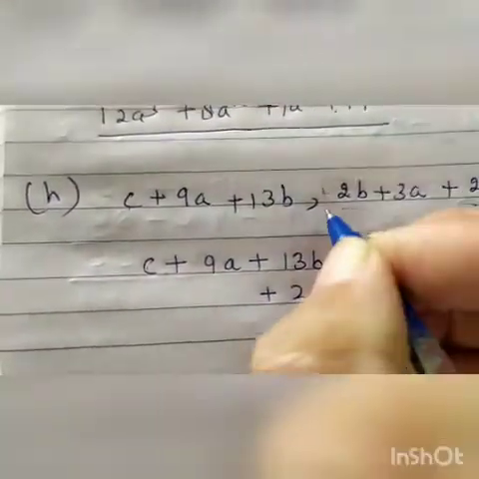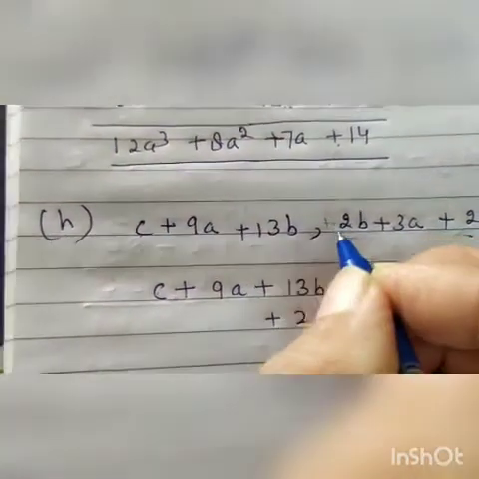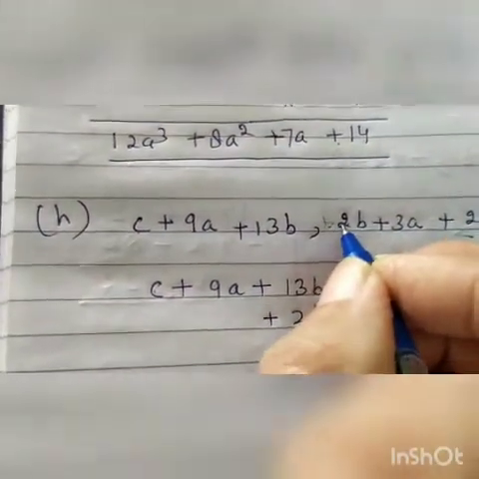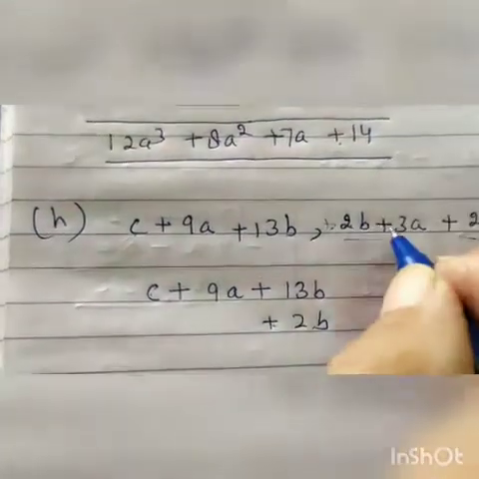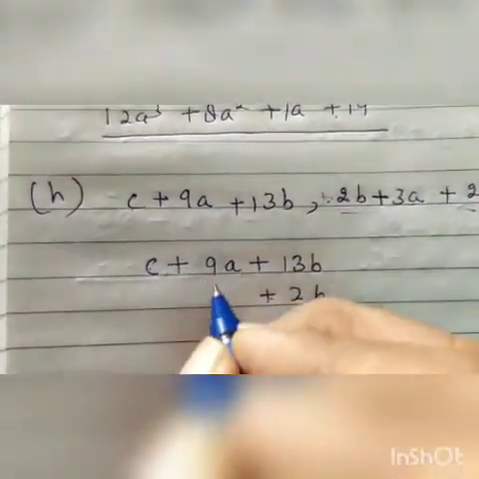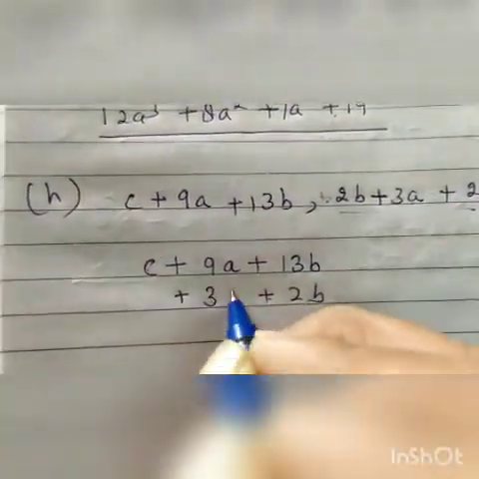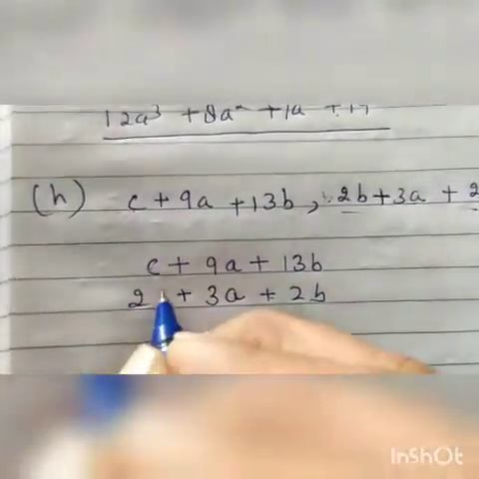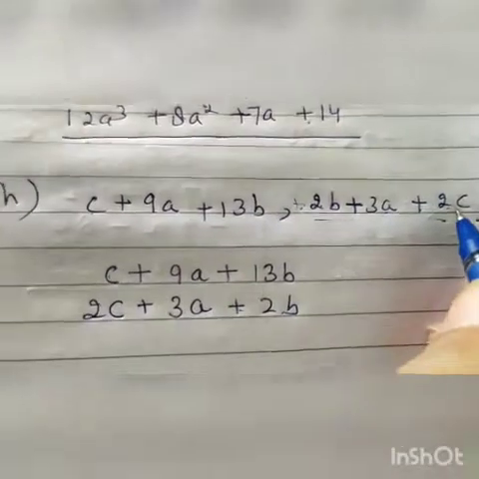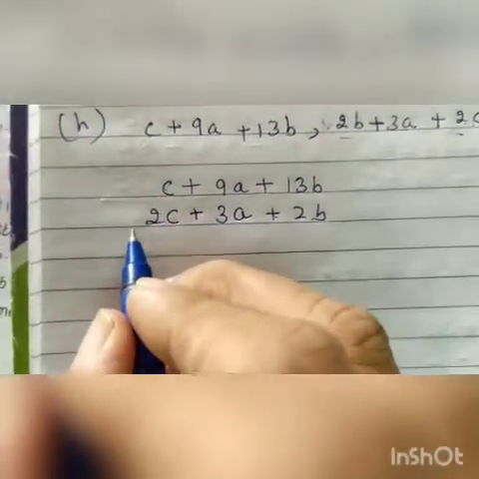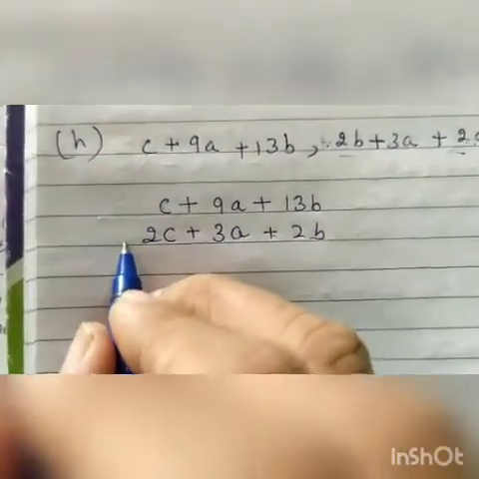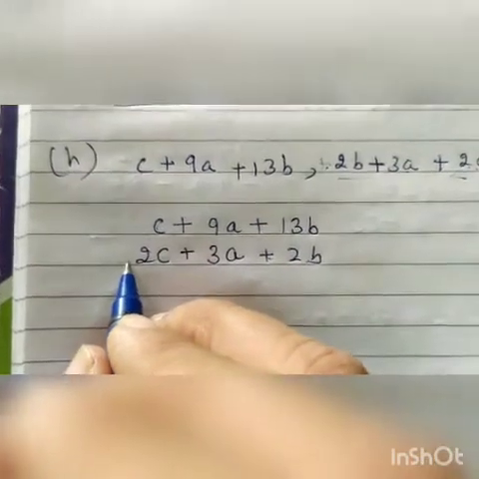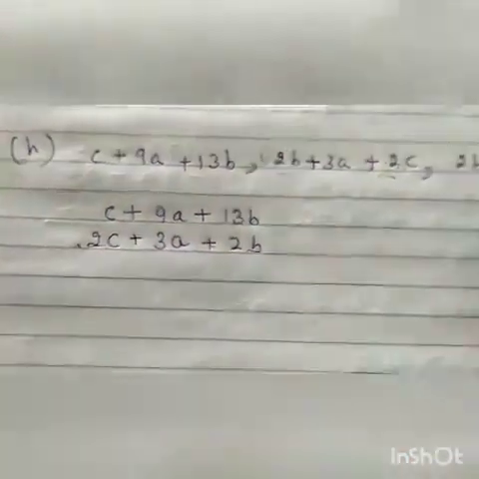In the starting there is no sign, so it will be considered as plus 2b, then plus 3a below this 9a, then plus 2c.